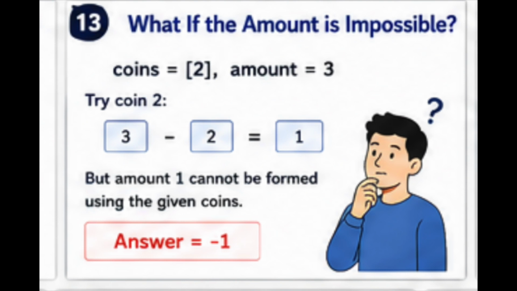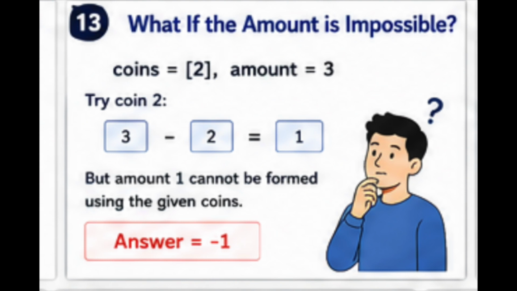Now, let's handle the impossible case. Suppose we have only 1 coin, that is value of 2, and our target is 3. When we are calculating the answer, we might try to use the 2 value coin. That leaves us with amount 1. But amount 1 cannot be formed using our available coins.